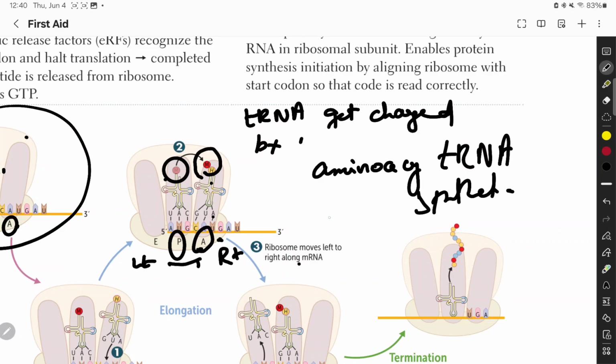So for example, if it moves left to right, this transfer RNA moves P site to E site, A site to P site. So it is moving in the opposite direction.